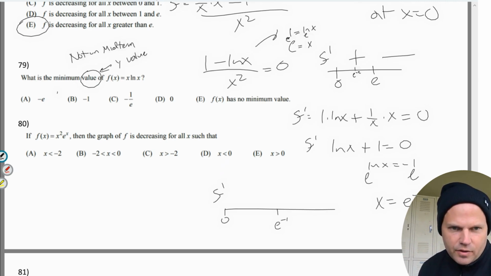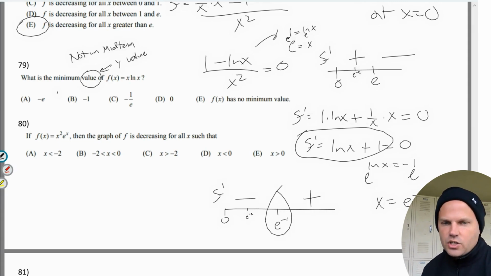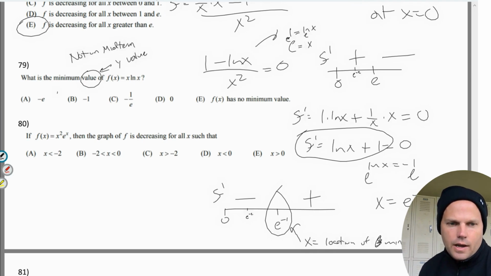Here is my derivative right here. I will plug in something like e to the negative second, get a negative. I'll plug in something like e squared, get a positive. So this is the location of the minimum. But what this question is asking you is what the minimum value is. So this is an x equals location of the min on f, because f is going to decrease then increase.